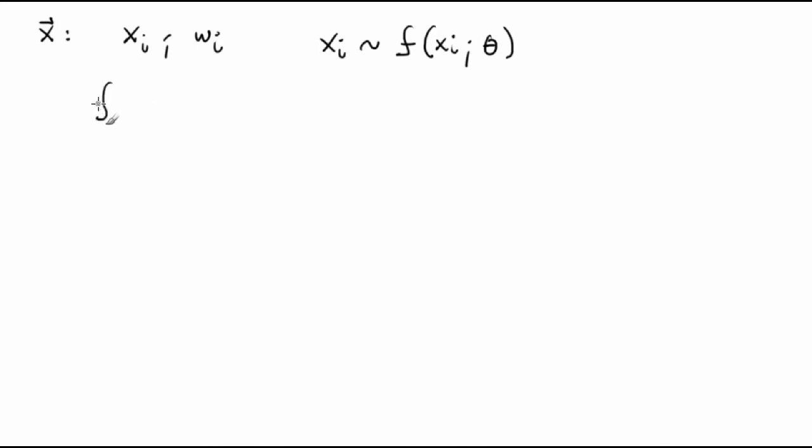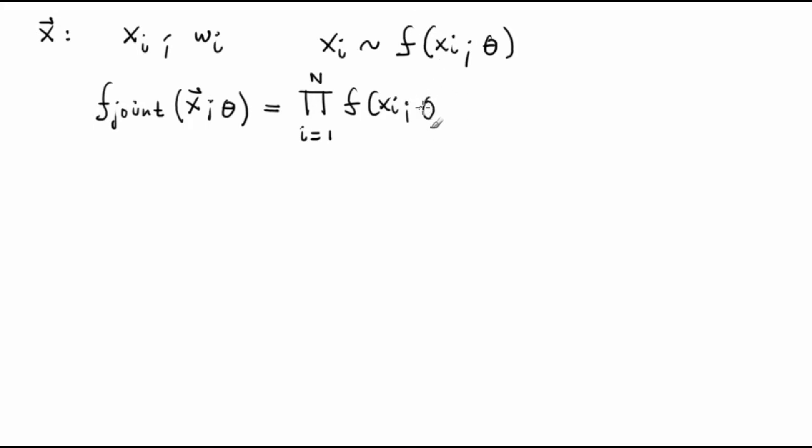F joint of x vector with parameter theta equals the product for i going from 1 to n of f of x_i with parameter theta to the power of w_i.